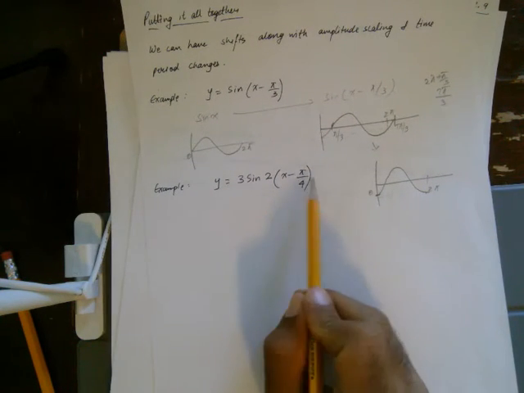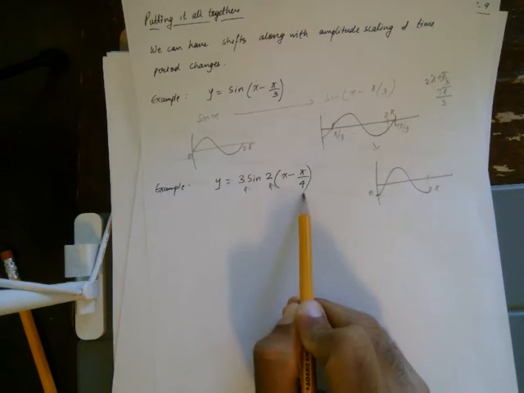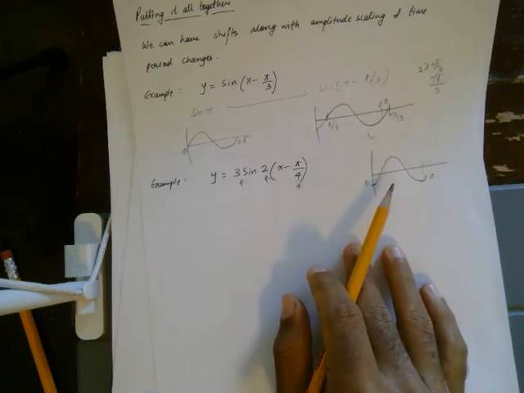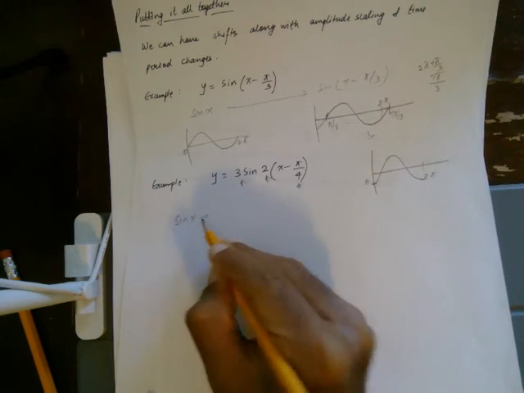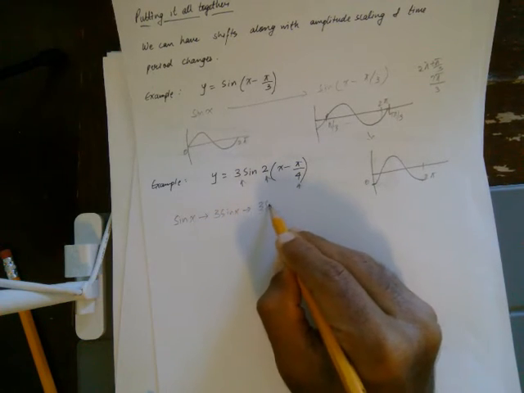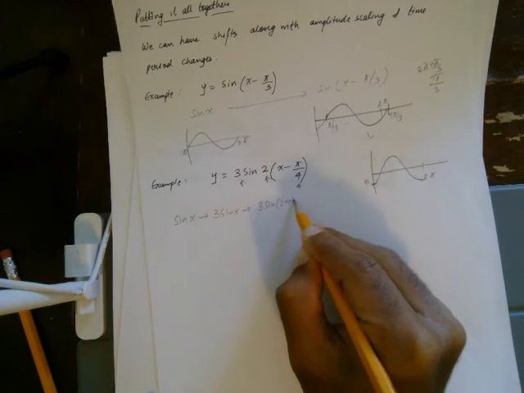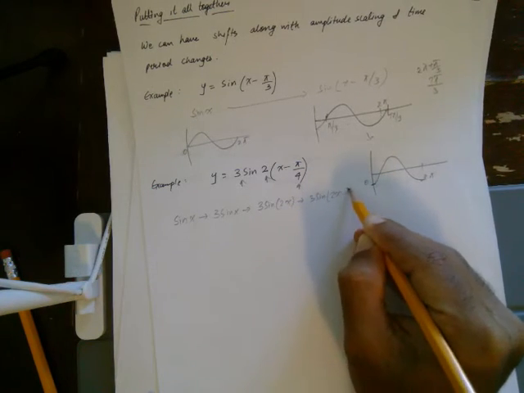Now here, a lot of things are happening. You have a 2 here, you have a 3 here, you have a subtraction here. Right, so one way to go about this is to go from sine x to 3 sine x to 3 sine 2x to 3 sine 2x minus pi over 2.